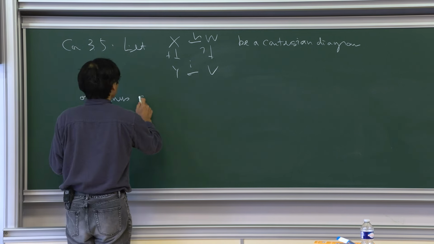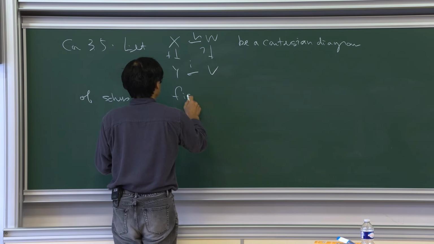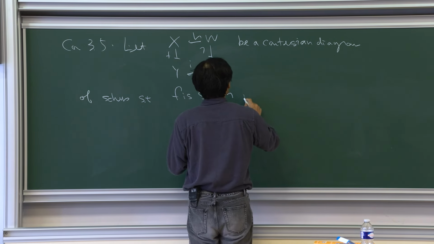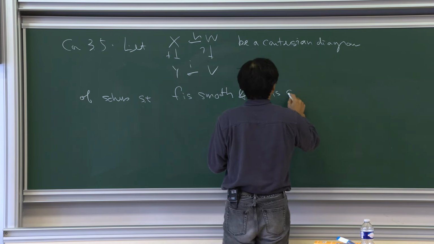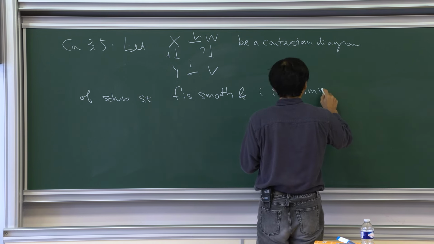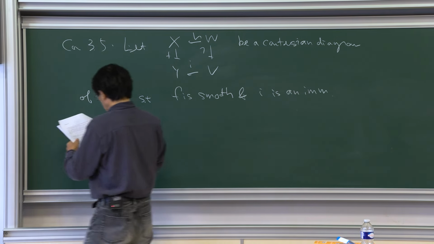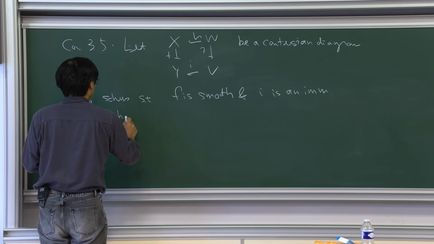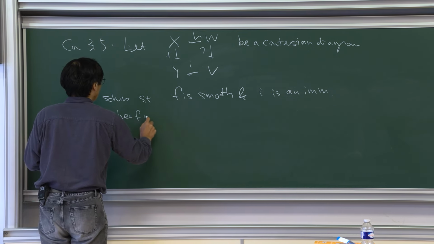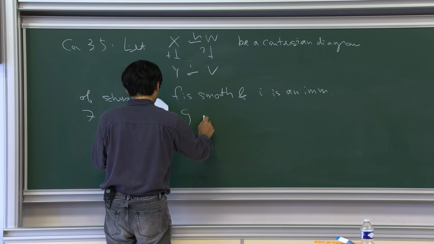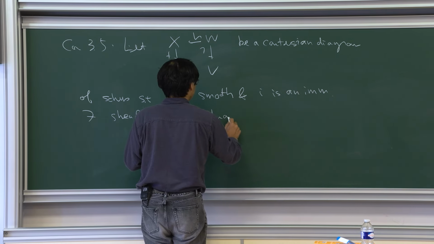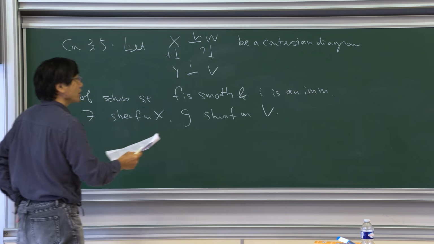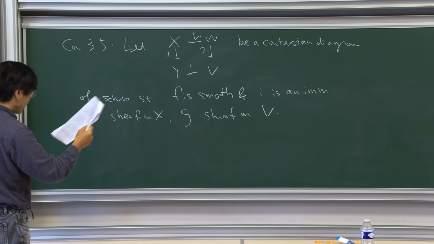Schemes such that f is smooth and i is inversion. And F a sheaf on X and G a sheaf on Y. So as in the proposition there.